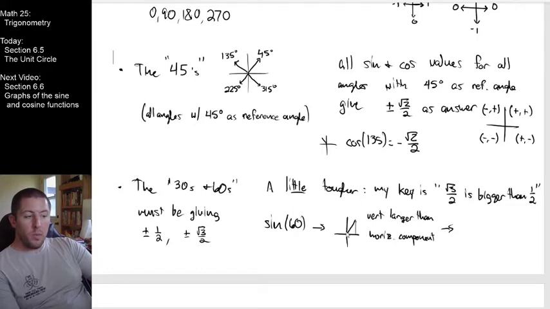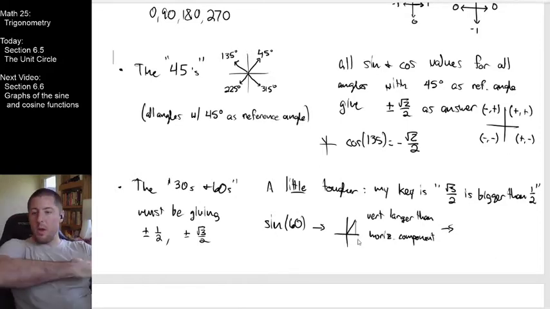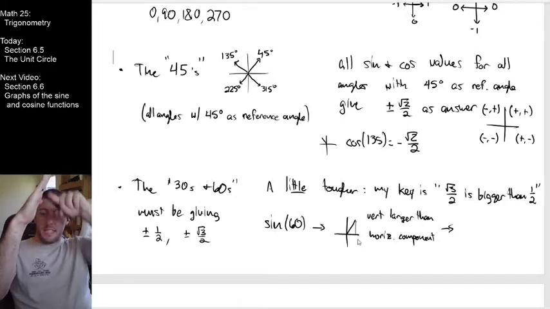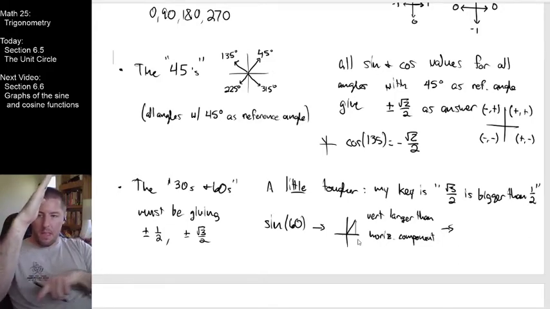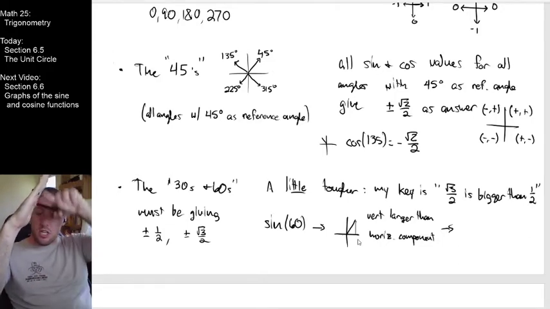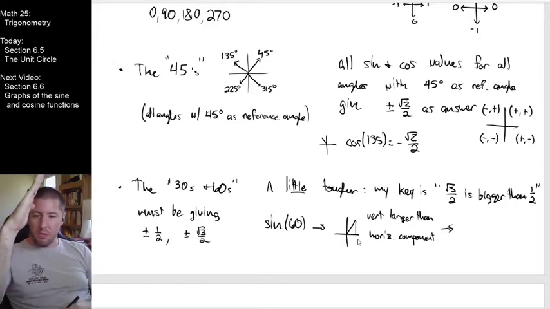So when I draw my angle of 60 degrees, I can see the triangle that it forms. In the triangle, I can tell that when we open up by 60 degrees, this leg, the height leg, is longer than the width leg. Therefore, I'm going to choose the larger of my 2 choices, root 3 over 2.